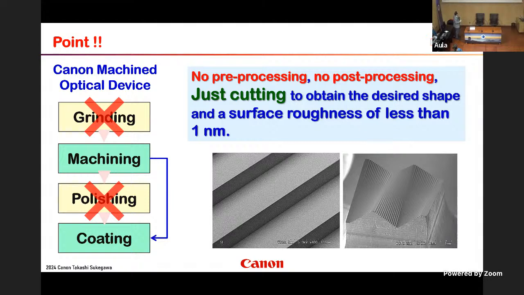That's a very nice surface, very nice edge. When we guarantee, for example, the grating requirement, the edge quality is less than 20 nanometers, a very sharp edge. And of course, after machining, we usually do coating for high reflectivity.